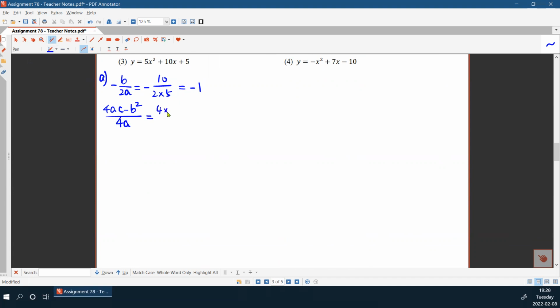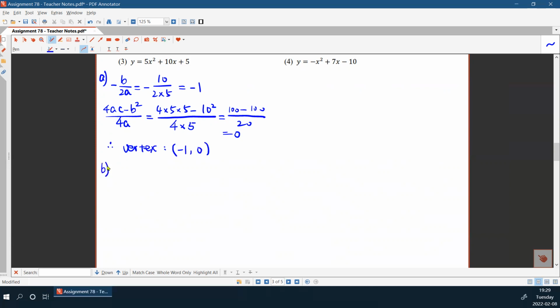So 4ac is 4 by 5 by 5, then minus b squared is 10 squared, right? Then 4a is 4 by 5. And this is 100 minus 100, which is 0. And therefore, the coordinates of the vertex is -1, 0, right?